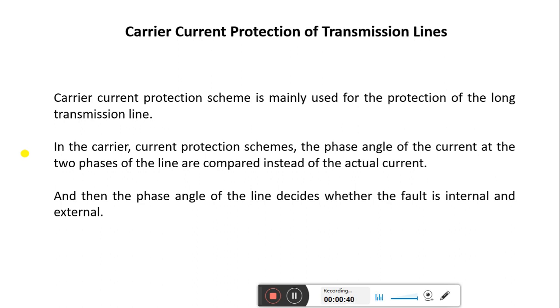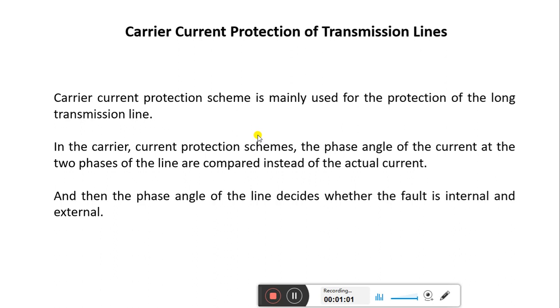In the carrier current protection scheme, the phase angles of the current at the two ends of the line are compared instead of the actual current, and then the phase angle decides whether the fault is internal or external.